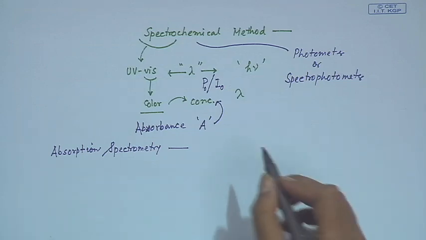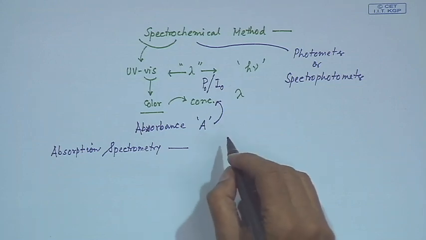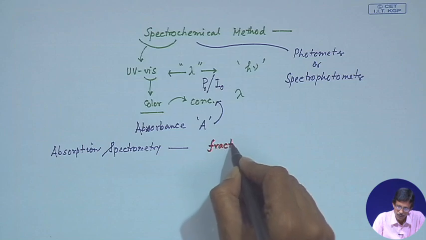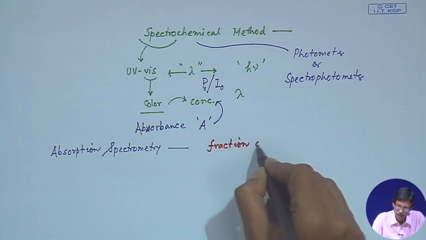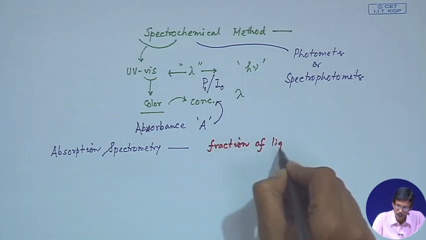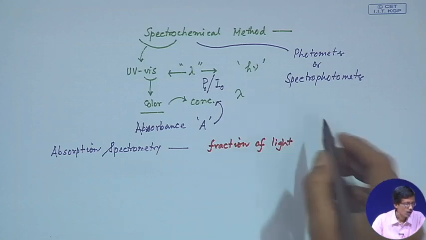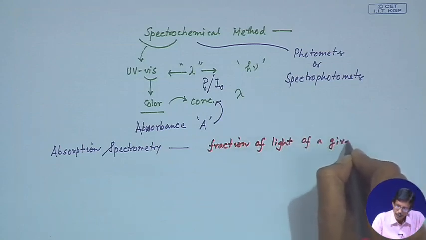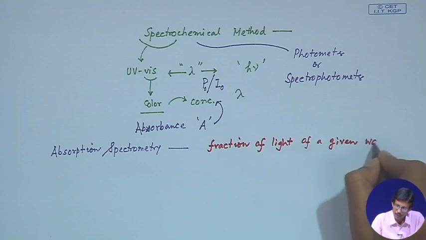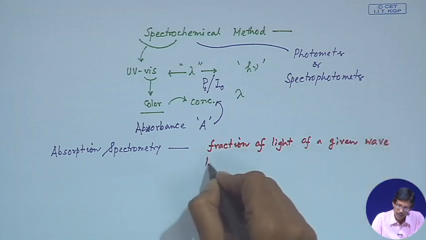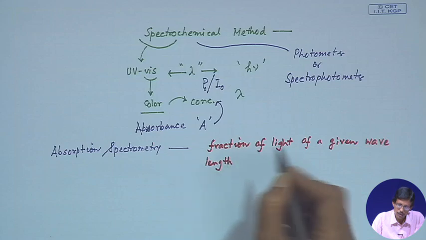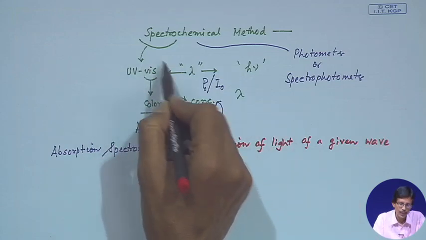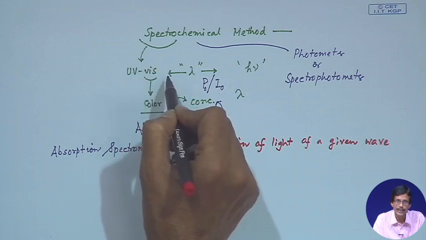It basically involves the measurement of the fraction of light of a given wavelength, which is important to us. It is not the whole range of the visible spectrum, which, as we know, is typically from 350 to 800 nanometer.